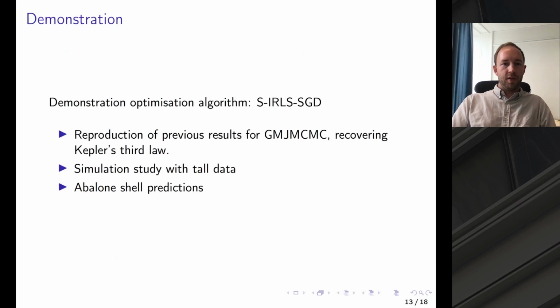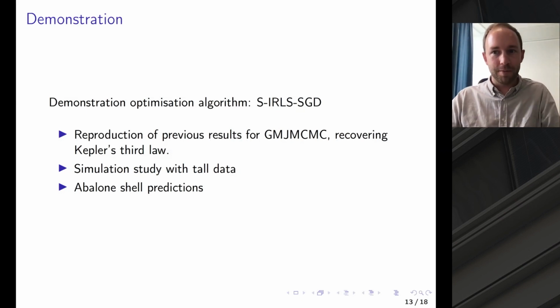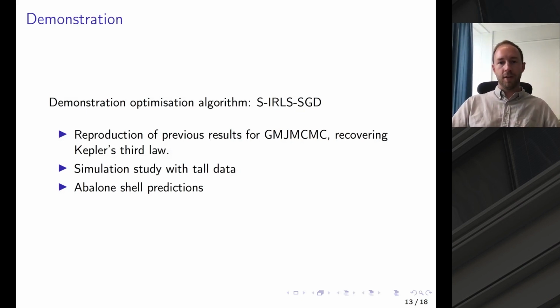Moving forward to the demonstration, we have run 3 examples, and we're using an optimization algorithm that we developed ourselves called Subsampling iteratively reweighted least squares with stochastic gradient descent. Quite a mouthful, but what we do is run IRLS, which is sort of a Newton's method with subsampling, to create starting values for stochastic gradient descent.